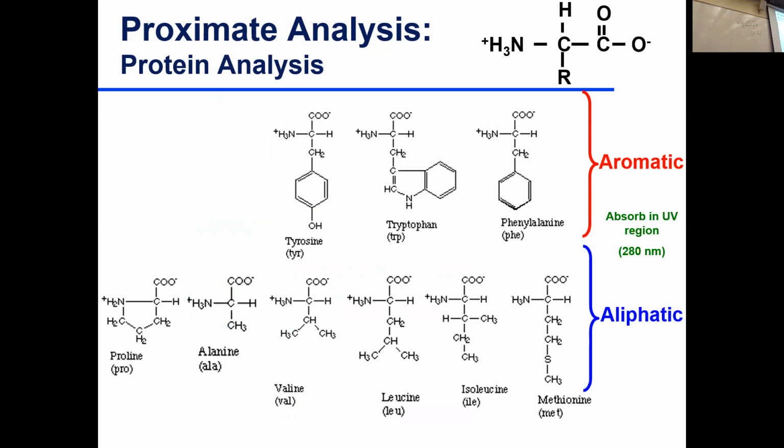But all food proteins contain a certain proportion of these 3 amino acids. So a solution of protein, if it's pure, you can use absorption to measure protein content at 280 nanometers.